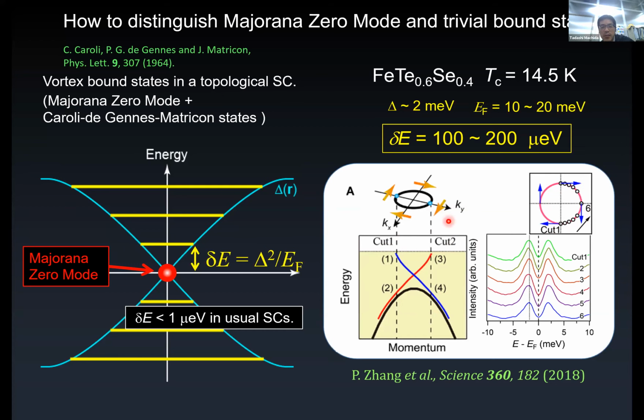Because of this topological nature and the very large energy separation between the bound states, this material is expected to be suitable for detecting the Majorana zero mode around the vortex core of topological superconductors.